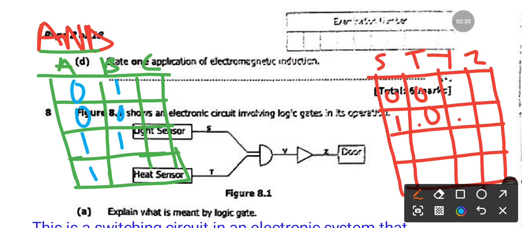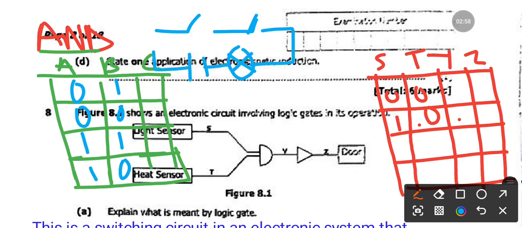1 0, 0 1. For an AND gate, you could basically think of it as two switches that are connected in series to each other, and in this connection we have a light bulb connected to a power supply to provide electrical energy.